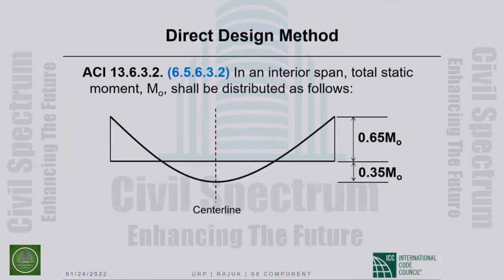Now, in an interior span, very important, interior span as opposed to exterior span, total static moment shall be distributed 65% to the supports, 35% to the span. Very simple. Okay? So 65 to the support, 35 to the span, if it is an interior span.